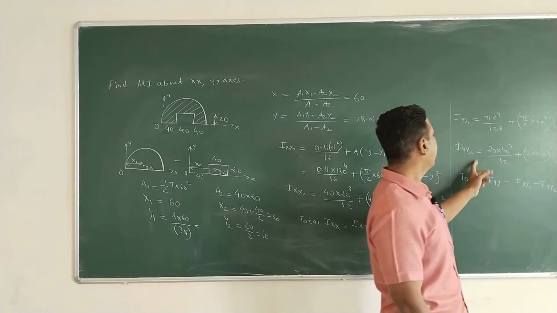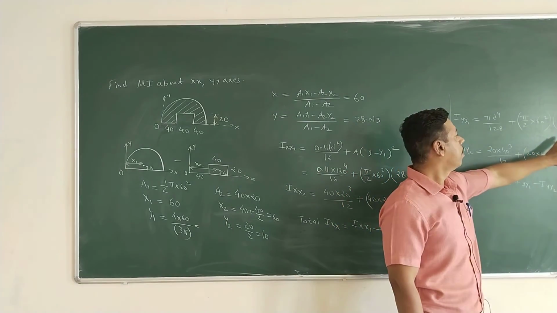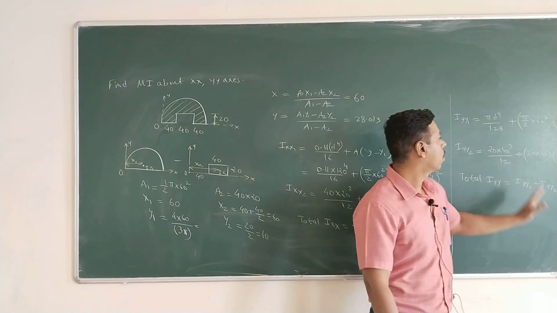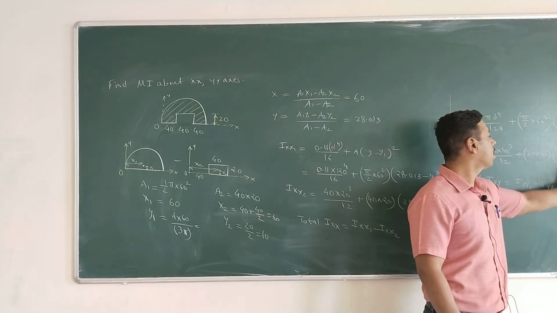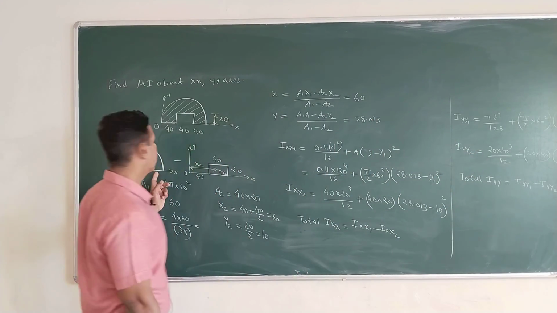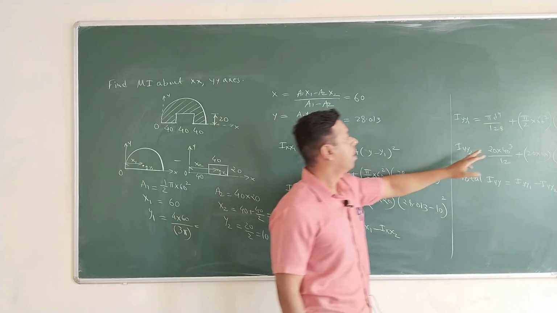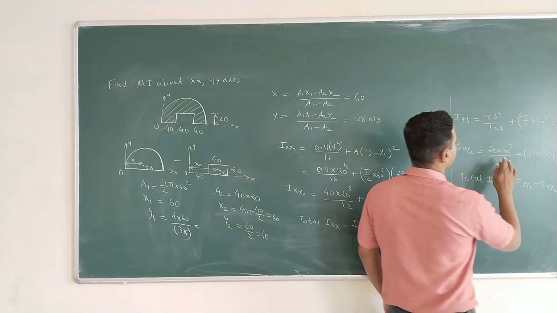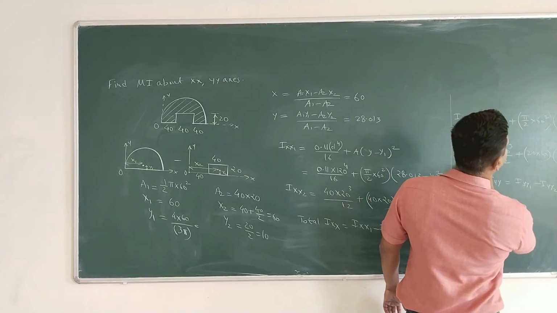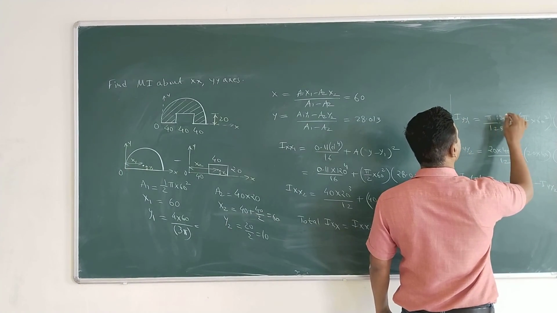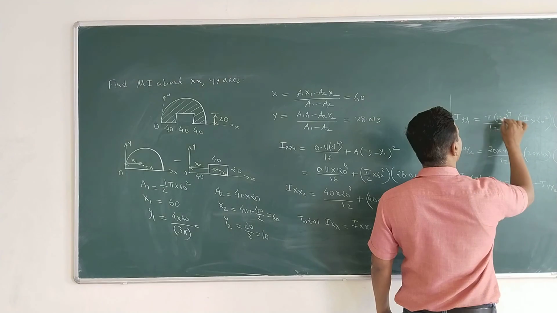For Iyy1 and Iyy2, it is easy because x is the same, no? x1, x2 and x are the same, so neglect the second portion because it will become 0. For the semicircle, the formula is pi d raised to 4 by 128. D is 120, so we'll write 120 raised to 4 upon 128.